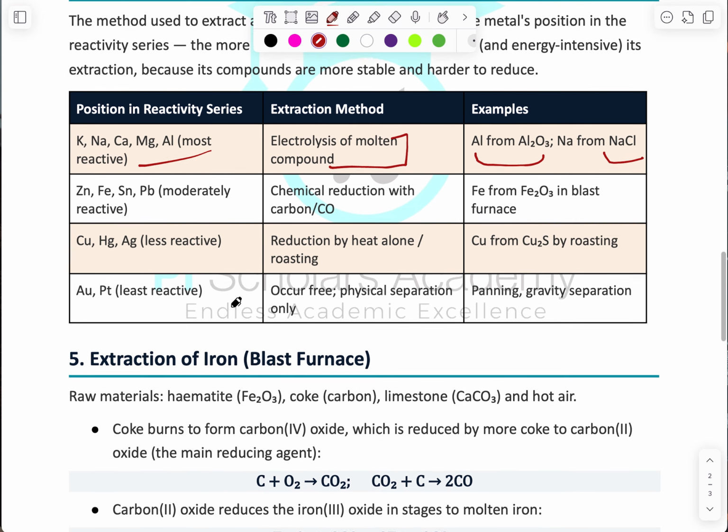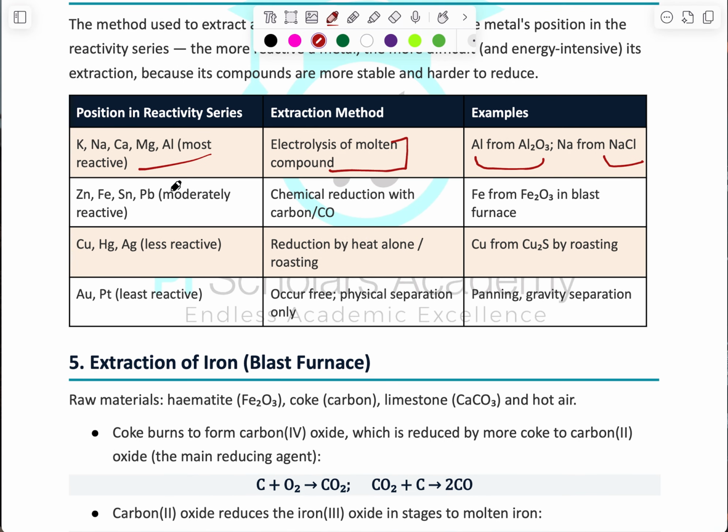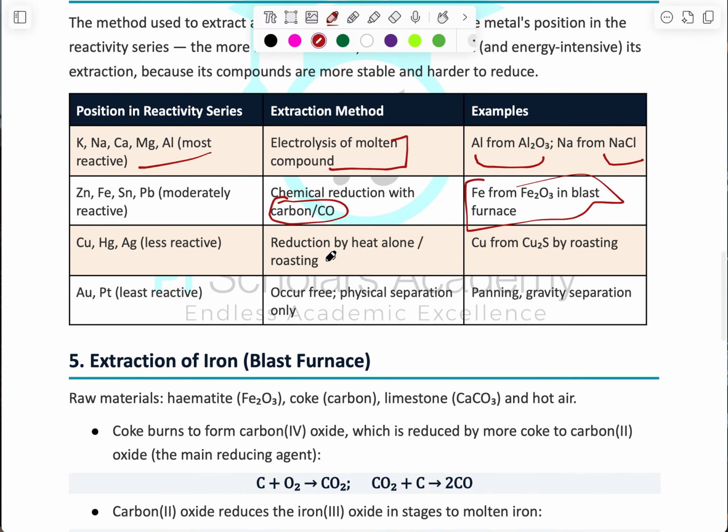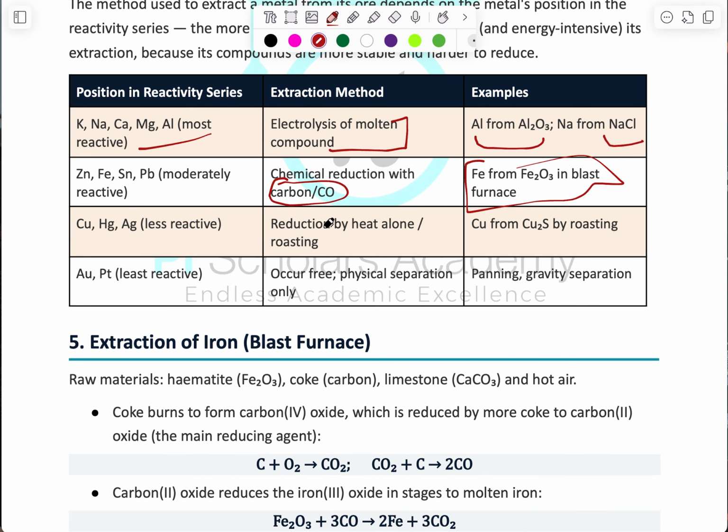Then we have the moderately reactive ones, from zinc to lead. For these, you use chemical reduction by carbon or carbon monoxide. For example, you can reduce iron in a blast furnace this way. Then you have the less reactive ones. You can just heat them, and once you heat them they separate. So copper is separated from sulfur just like that.